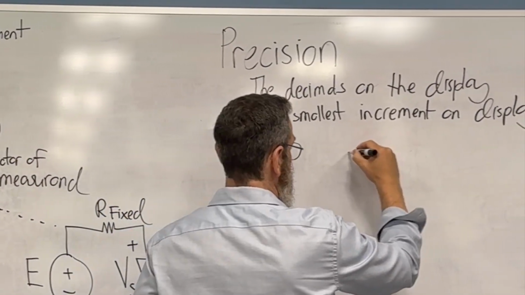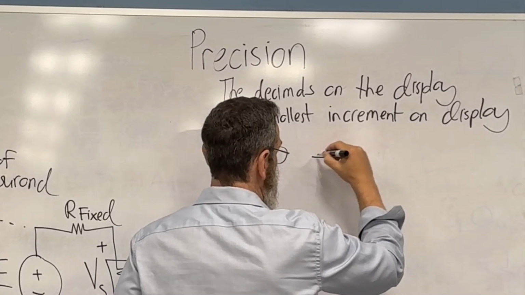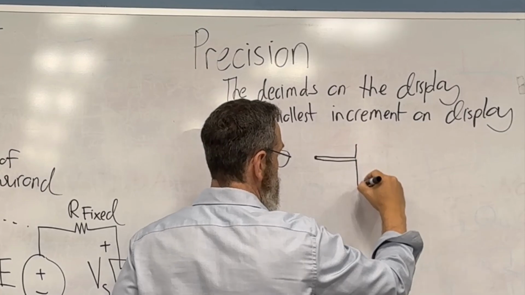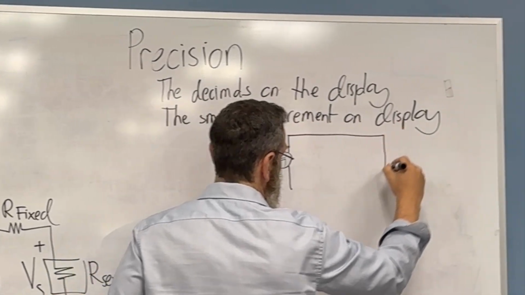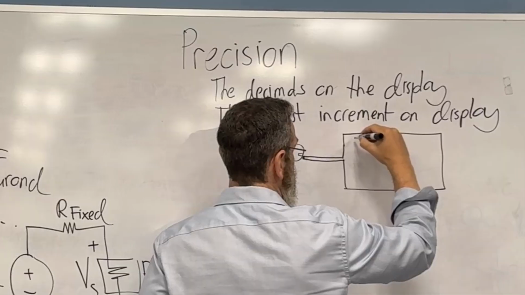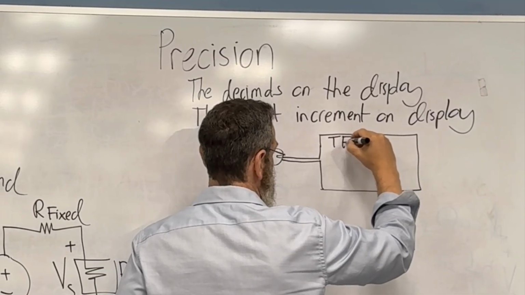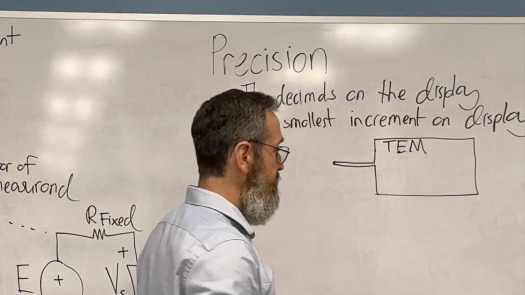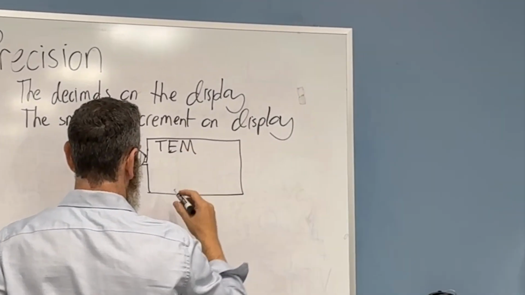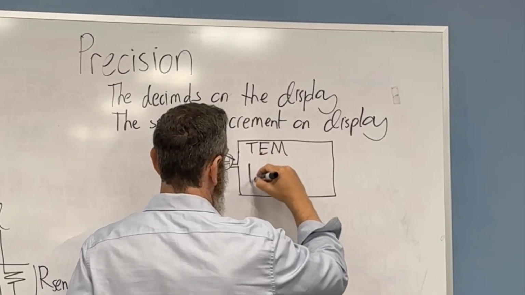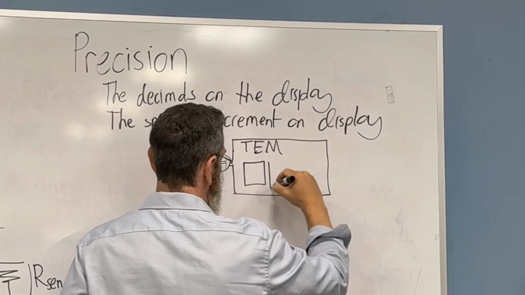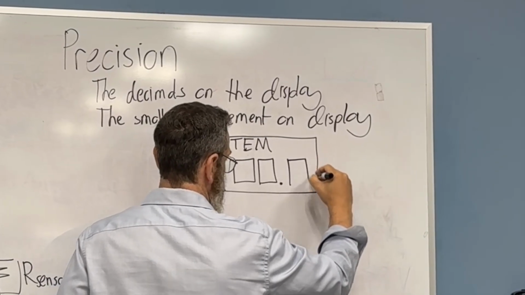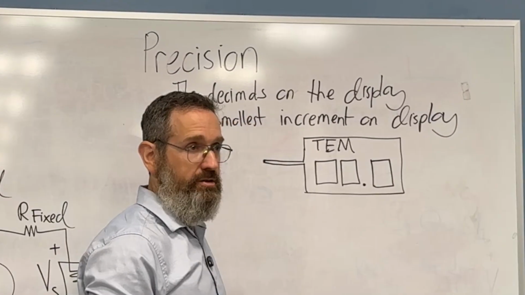You have a temperature meter, like the kind you get at CVS. So here it says temperature. Let's say you have it set to degrees C. It has 1 digit, 2 digits, a dot, and then a third digit.